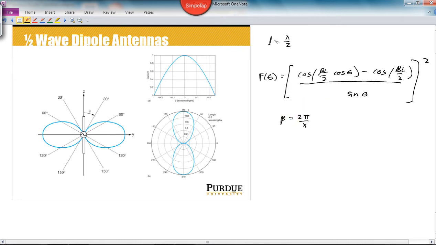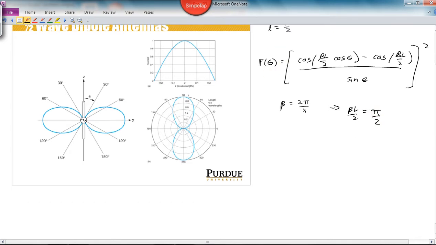So I can use that relationship to make substitutions everywhere beta L over 2 occurs, and that beta L over 2 will reduce down to pi over 2.